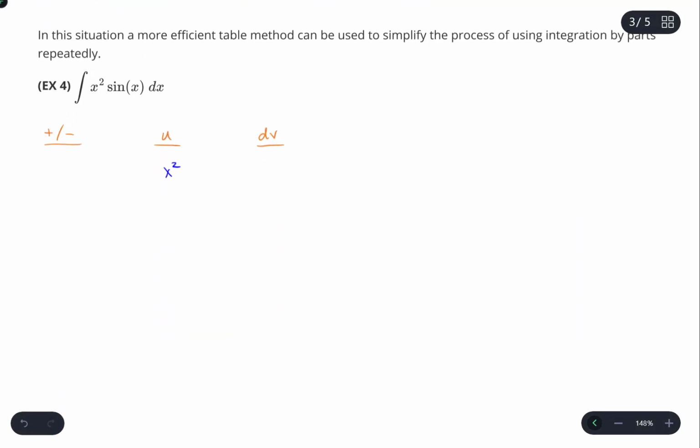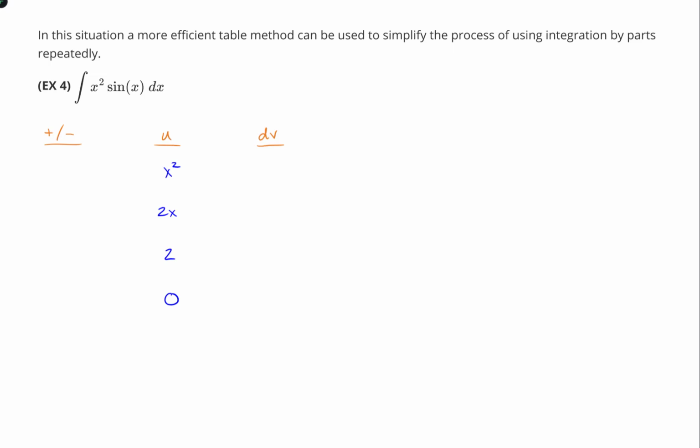We're going to do that until we get down to basically 0. So this would be 2x, then 2, and finally 0. So it's important that we have an algebraic piece here for the table method so that this will end. Like if I had e to the x times sine x, this wouldn't work because e to the x is never going to result in a derivative of 0.